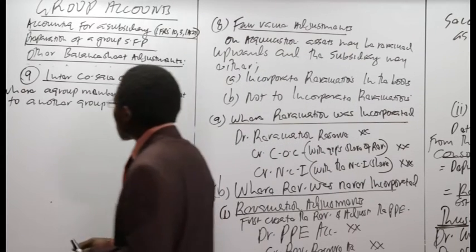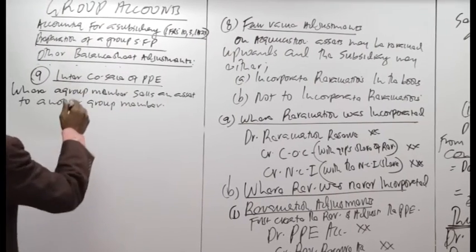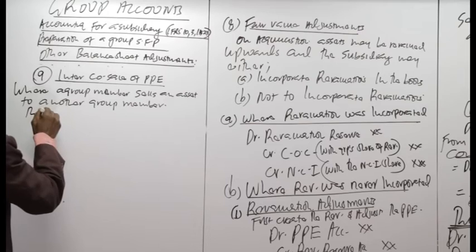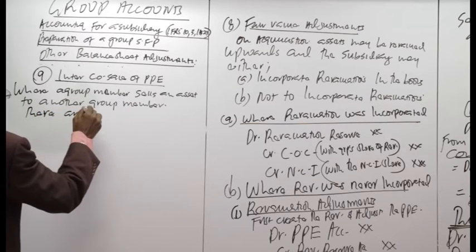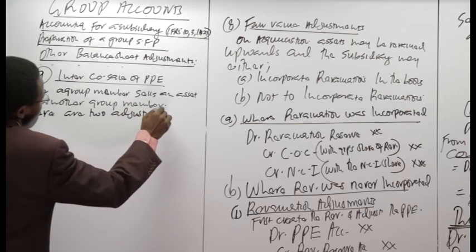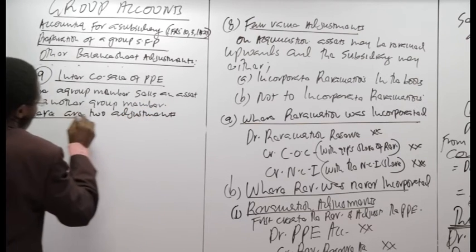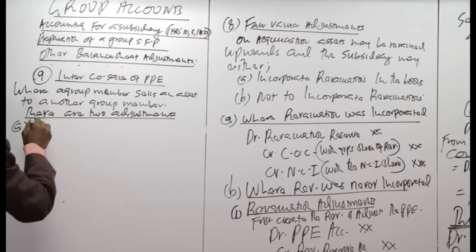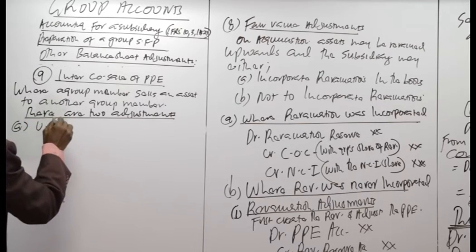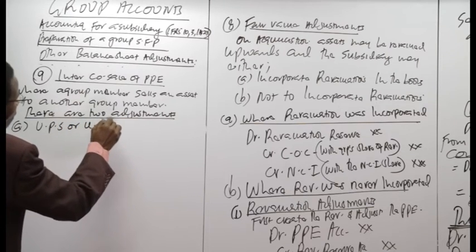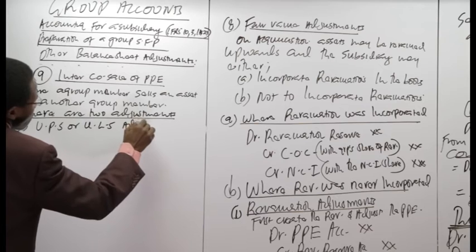So what we do is this. We say there are two adjustments here. A, we have the unrealized profits or unrealized losses adjustment.